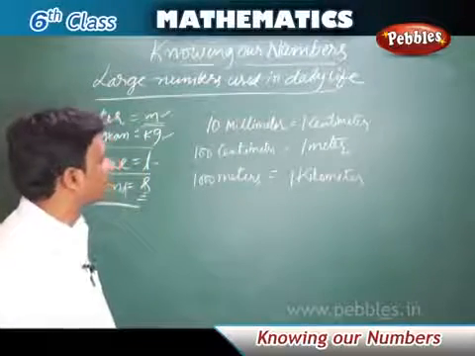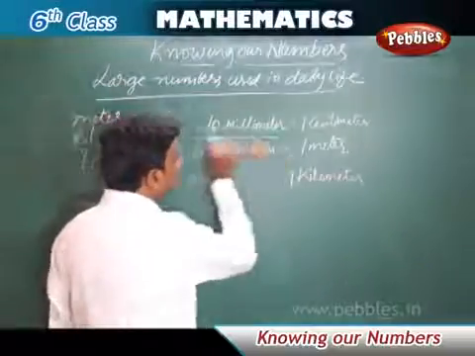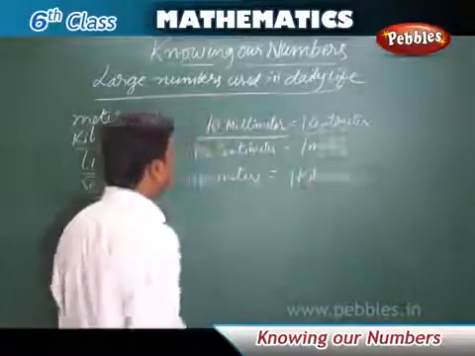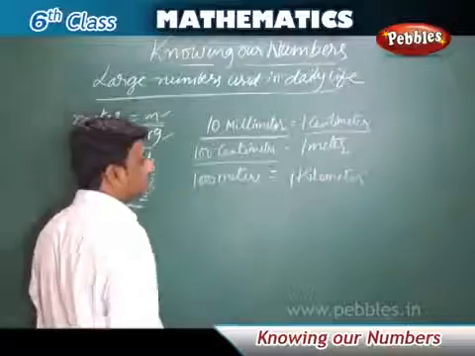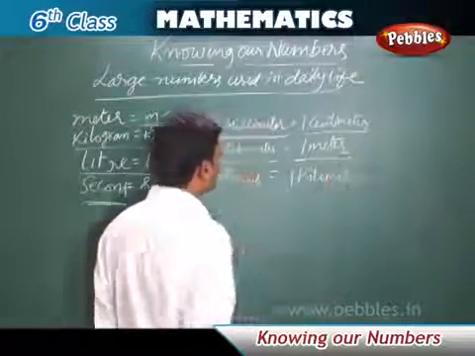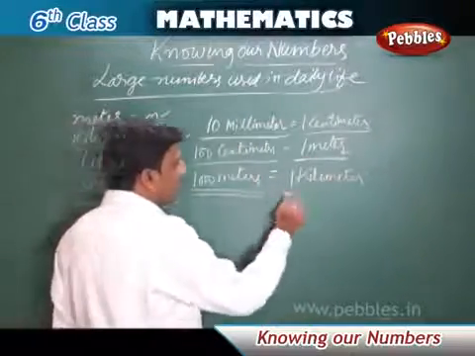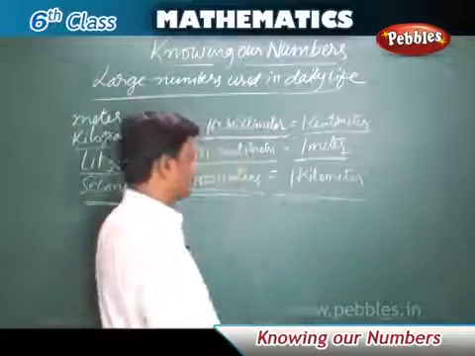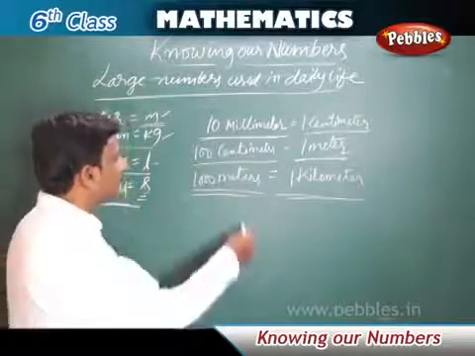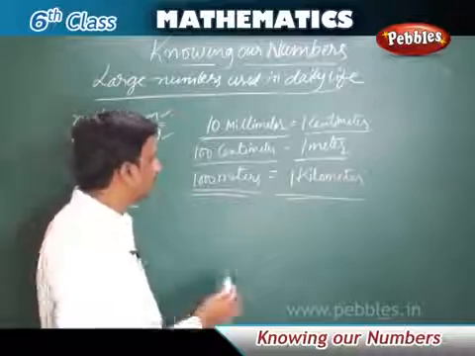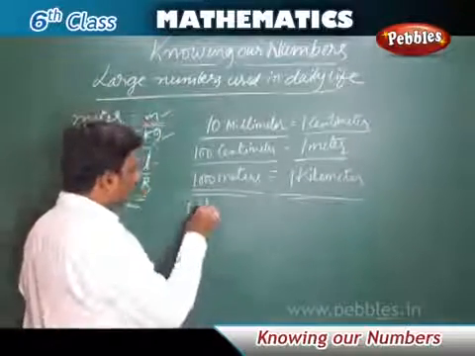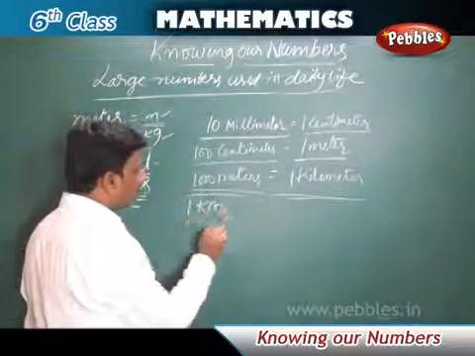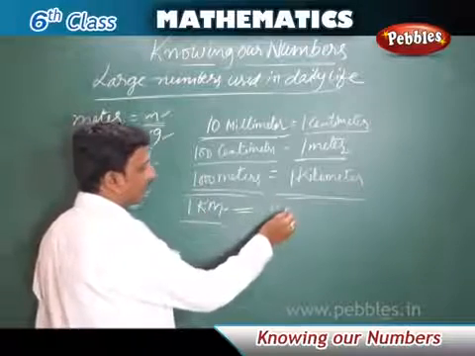Now let us see the conversion of a meter. 10 millimeters is equal to 1 centimeter. 100 centimeters is equal to 1 meter. 1000 meters is equal to 1 kilometer. Now by using these relations, let us express 1 kilometer in millimeters.